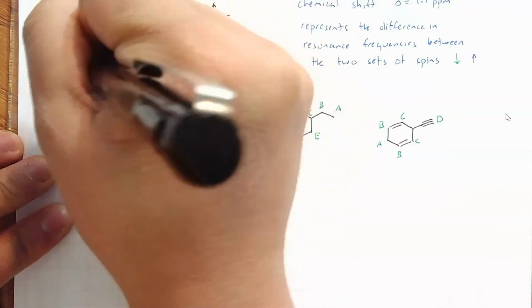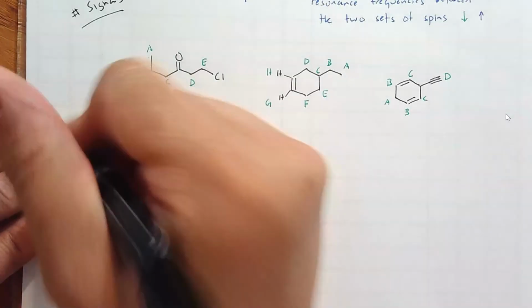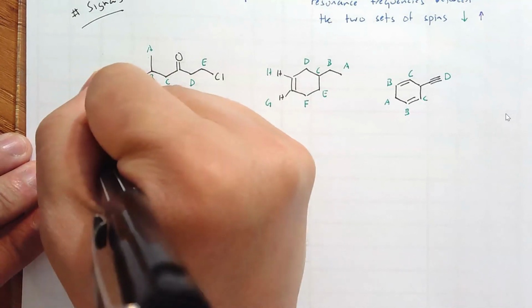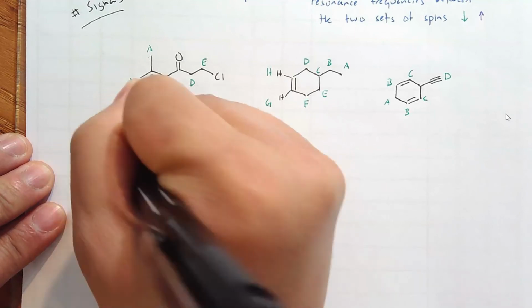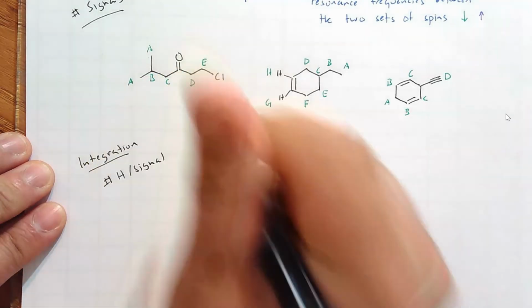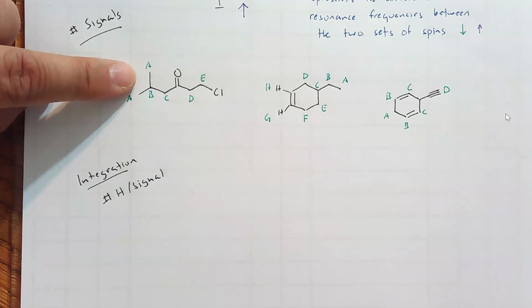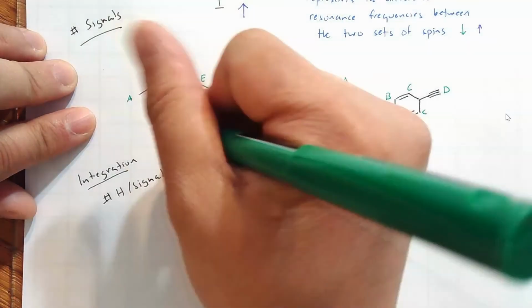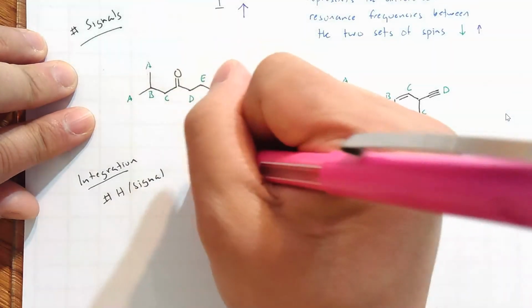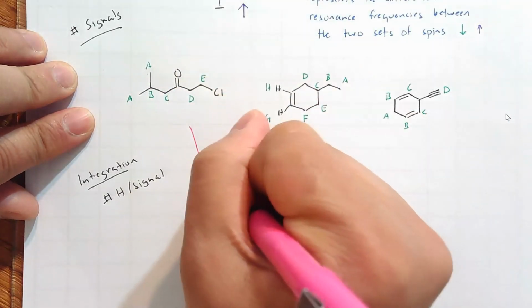I promised us the second feature, integration. And that is the number of H per signal. Because if I ask you how many hydrogens are for signal A, you will say you have 6HA.